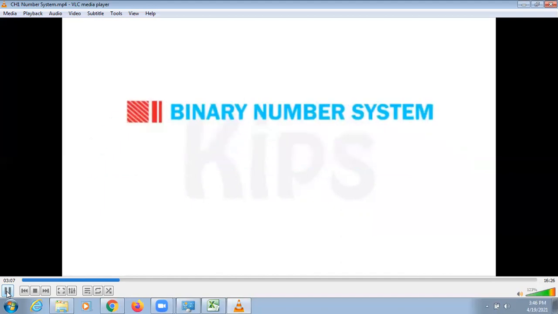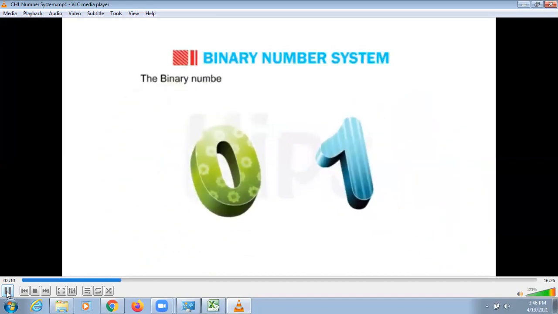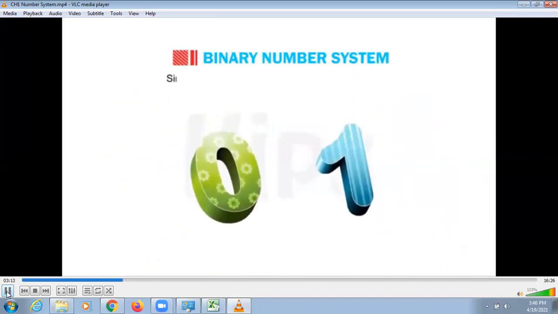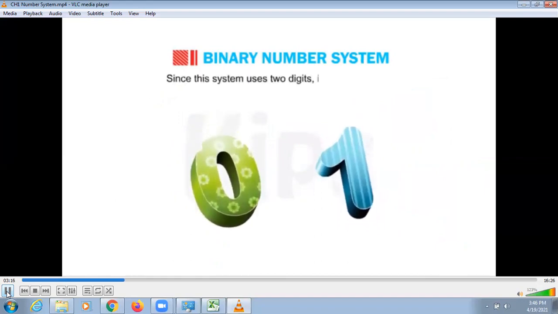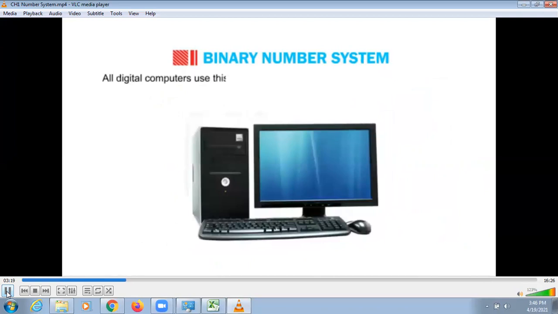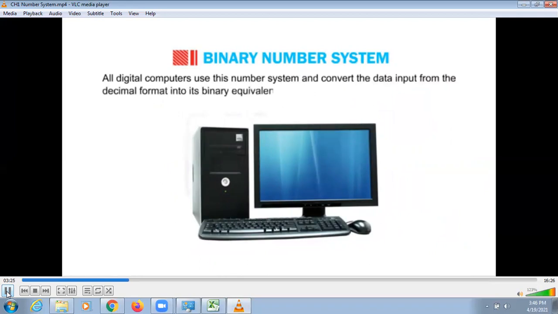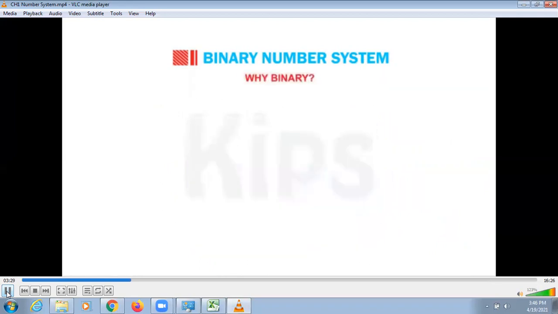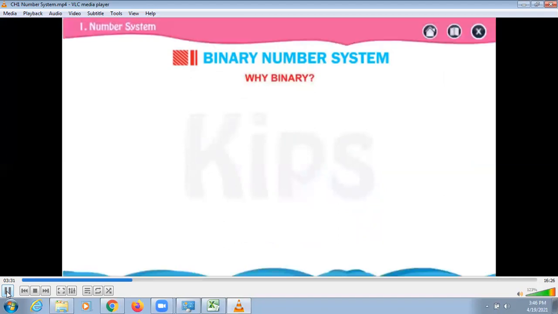About the binary number system. The binary number system consists of only two digits, 0 and 1. Since this system uses two digits, it has the base 2. All digital computers use this number system and convert the data input from the decimal format into its binary equivalent. Now students, why should we use binary?